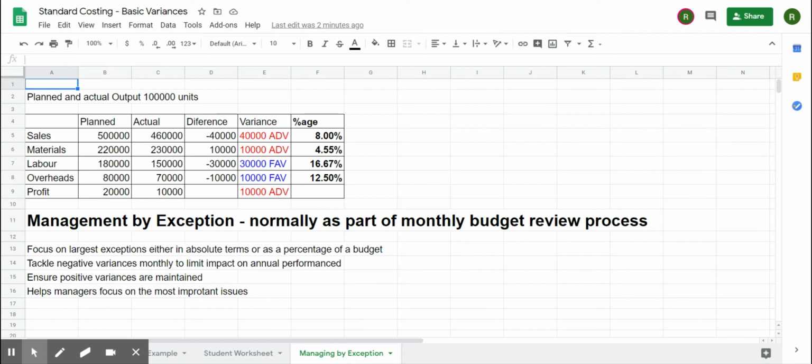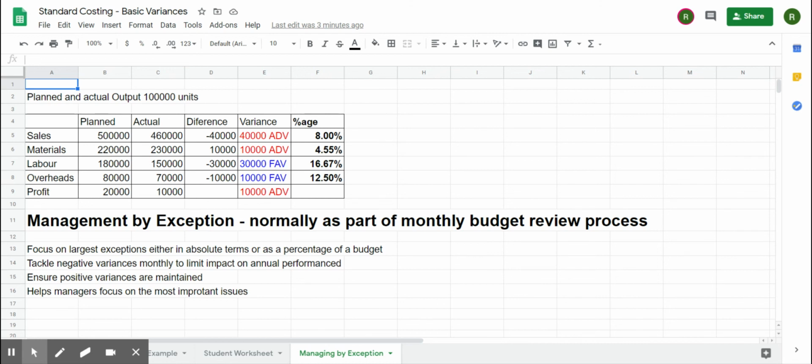They will look at the negative variances, and the idea there is to take early action. If there's something going wrong in a firm that means certain costs are increasing quite quickly, then what the firm will be looking to do is to try to put some action in place to bring those costs down. So, for example, if they are buying materials at a much higher price, they would look for an alternative supplier.